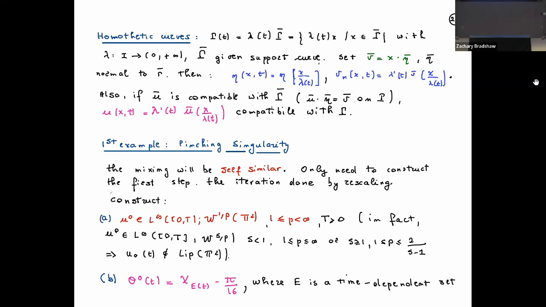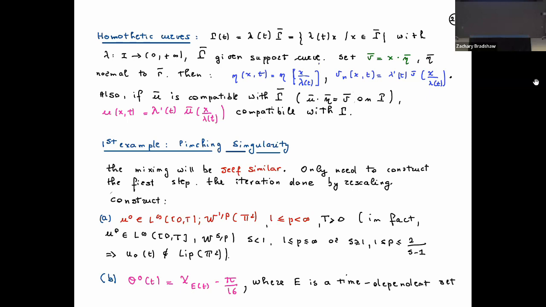In fact, this vector field turns out to be in even more Sobolev spaces. I can take any Sobolev space with s less than 1, including p infinity. And I can even go to s greater than 1, but of course p is severely restricted.